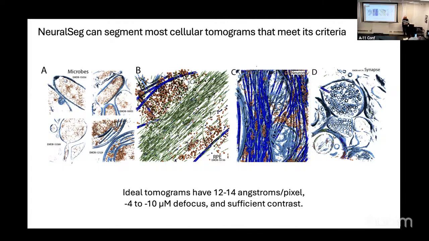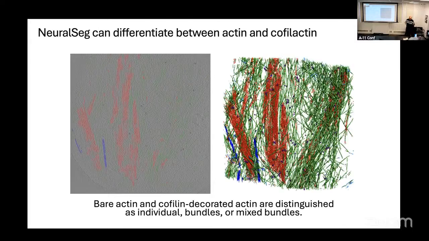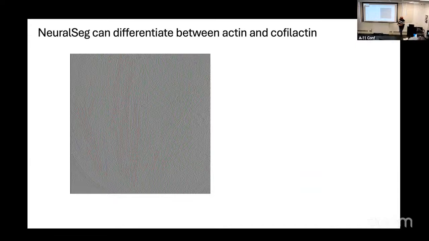And, you know, like I said, it can't segment, well, it can differentiate between actin and coprolactin, though. So you can see, like in this tomogram of actin and coprolactin, this is an intracellular tomogram. Let me go back one. Kind of hard to see on this screen, but there's a bunch of bare actin filaments with these bundles of coprolactin.